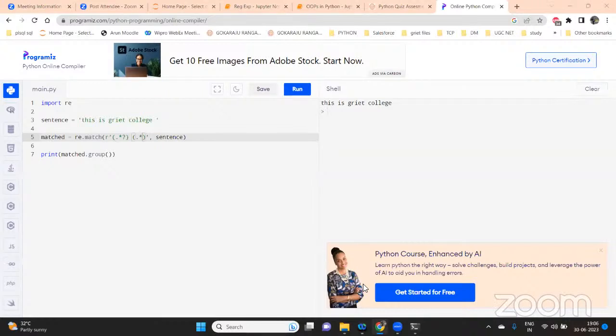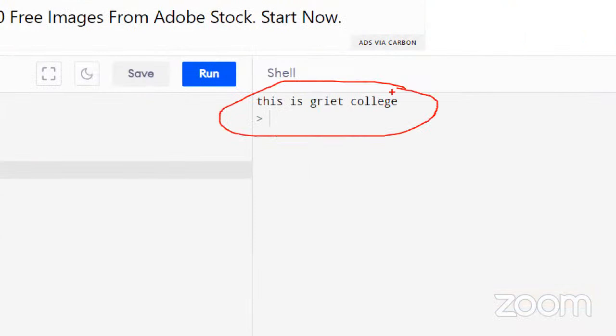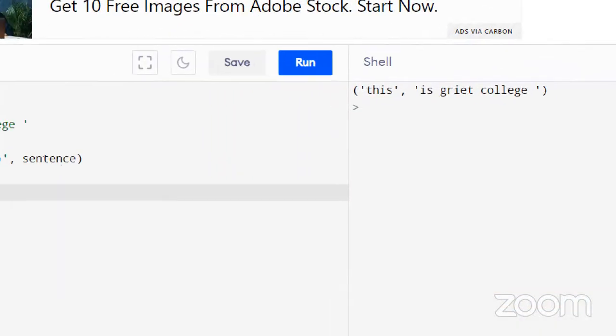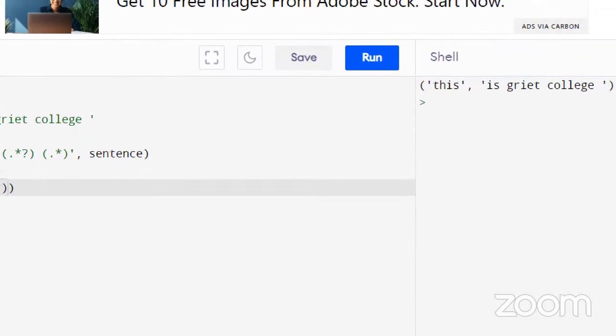So basically, what I was saying, the group function will return the entire matched pattern as a string. This is a string, right? Whereas groups will create a tuple of values, not a list, right? This will create a tuple of values.